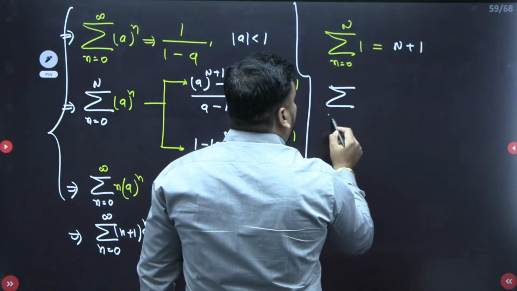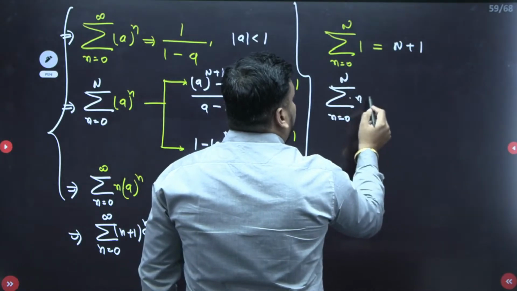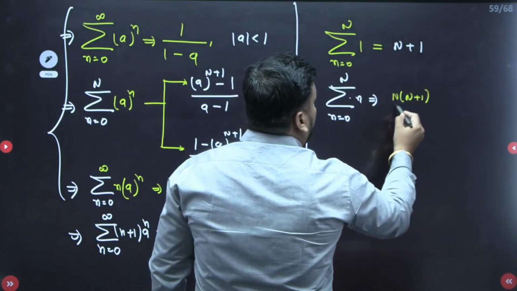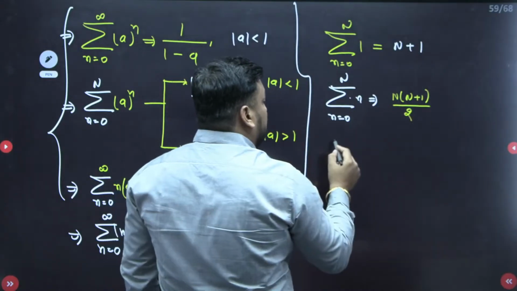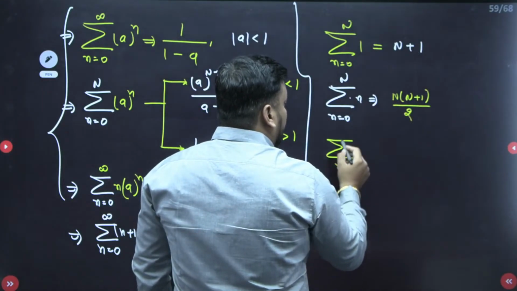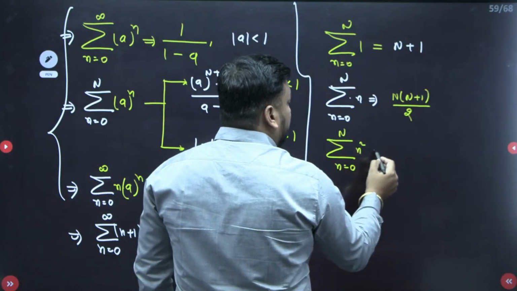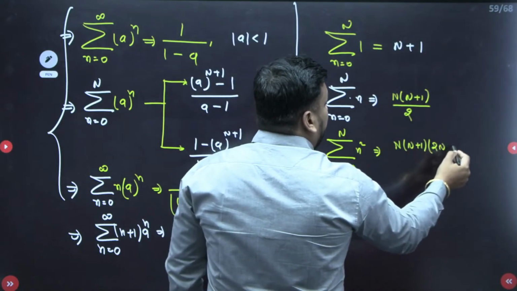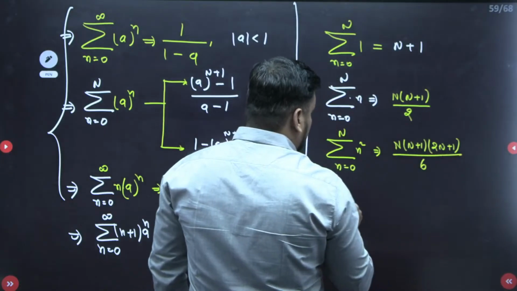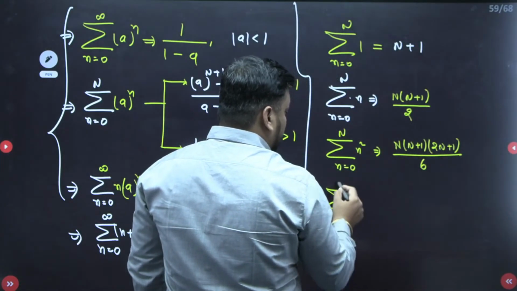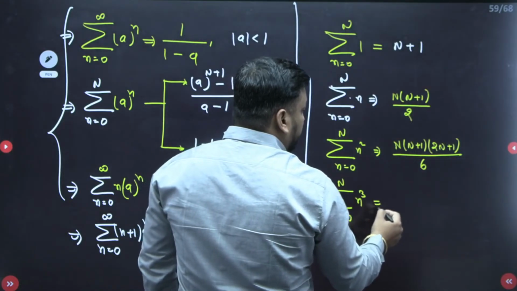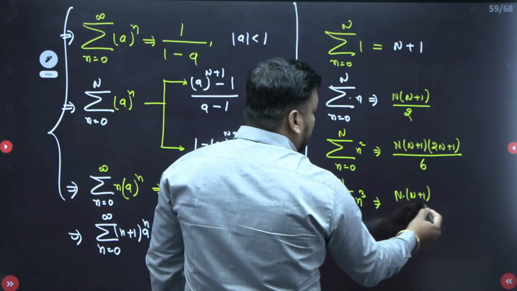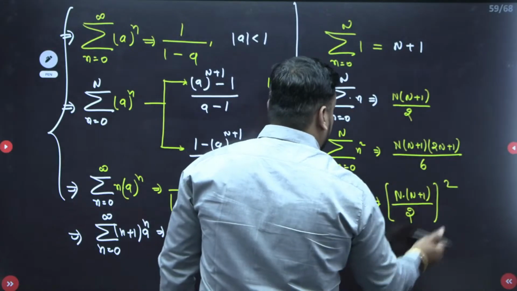Similarly, sigma of n equal to 0 to capital N of n is n into n plus 1 upon 2. Similarly, sigma of n squared is capital N into n plus 1 into 2n plus 1 upon 6. Similarly, sigma of n cube is n into n plus 1 upon 2, whole square. And so on.